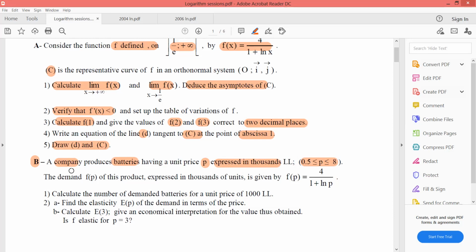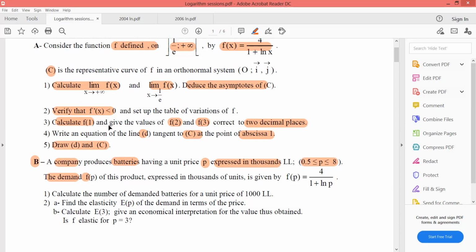The demand, here we have the demand. The demand f(p), it is like f(x) from above, it is f of p. So we can maybe use the derivative from there, maybe we use a maximum or minimum.